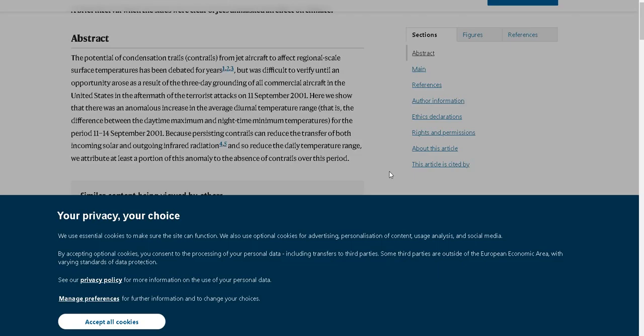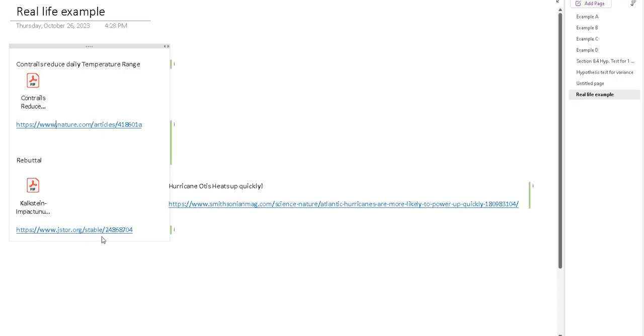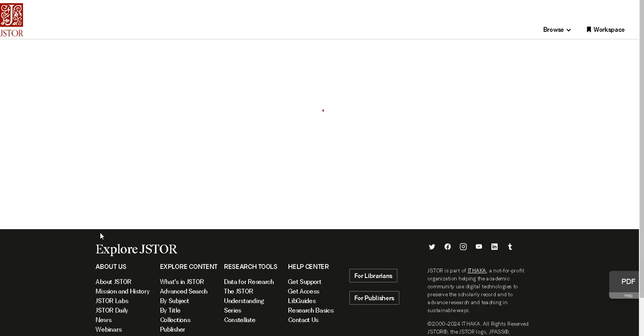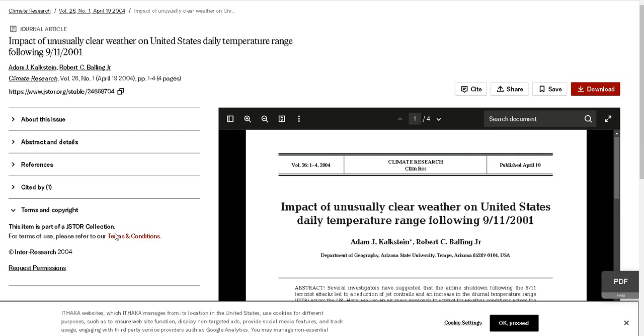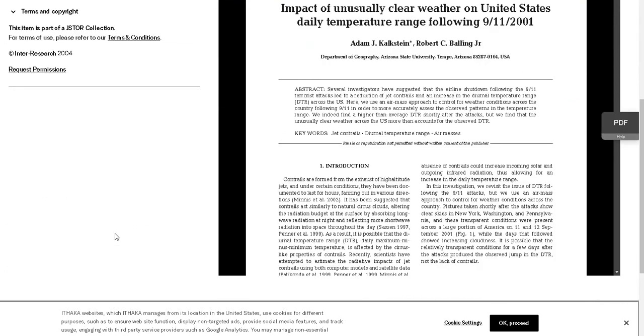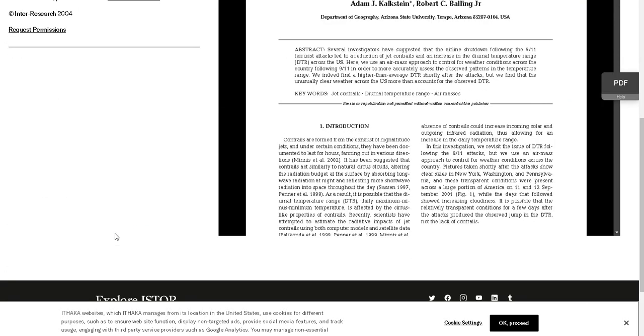And you're just doing the same kind of hypothesis test here that we're going to be doing in a minute. I then saw a competing paper that came out and said, you know what? Yeah, there is an impact here, or there is a significant change in the daily temperature distribution and its variation, but it's really more due to overall weather patterns and not so much the contrails.